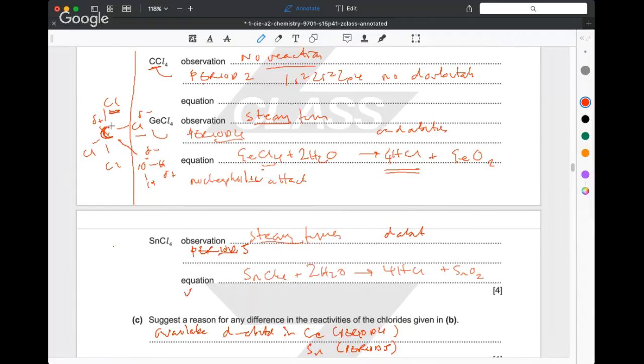So in addition to there being no available d orbitals, the water molecule can't actually fit in the first place to do its nucleophilic attack, because it is blocked by the bulky chlorine atoms around the outside. And so there's an additional reason of steric hindrance. That means the difficulty of a small molecule getting in between large chlorine atoms there.